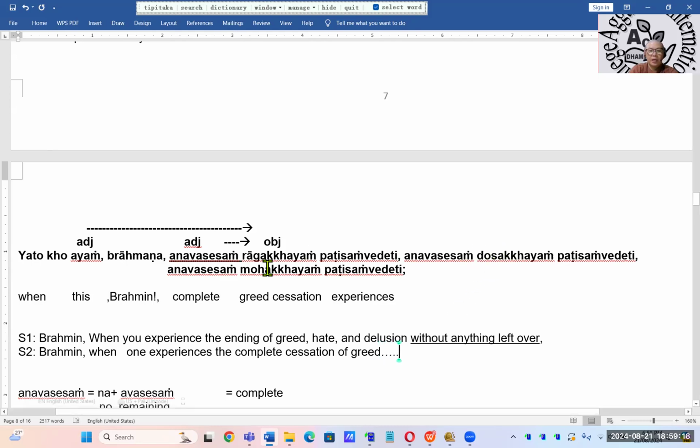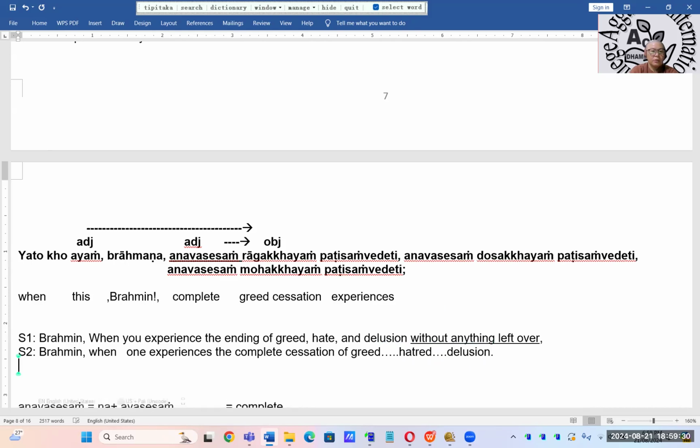Then you have the dosa and moha. So then we will just put the shortcut here: dosa, hatred, moha, delusion. Okay. Any question about this sentence?